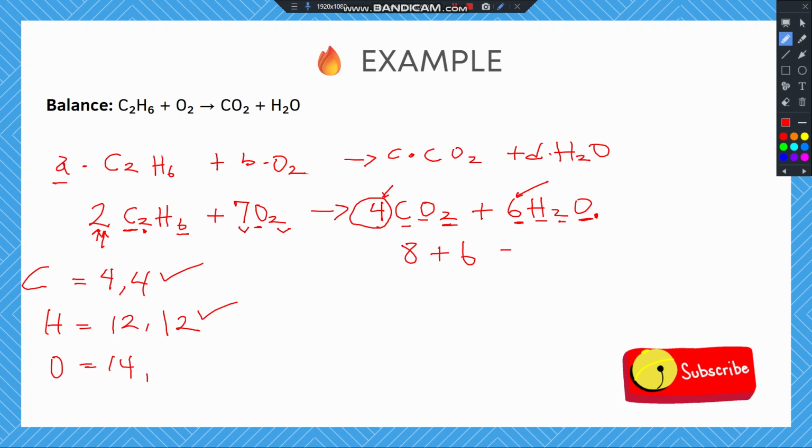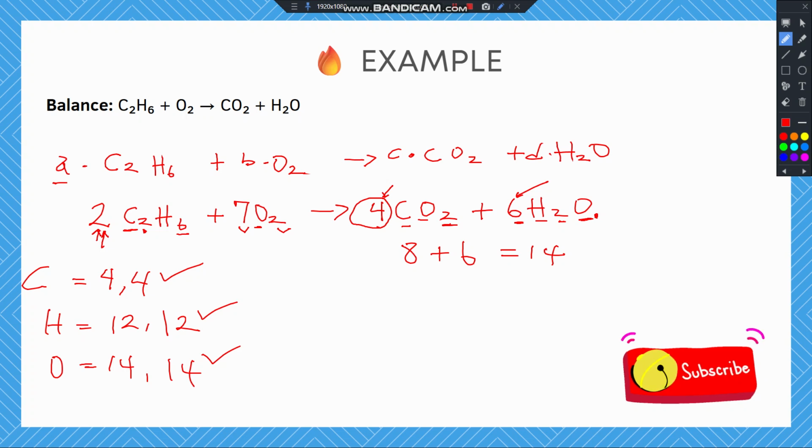So 8 plus 6 gives us 14 atoms of oxygen present on the right hand side. So we have 14 atoms of oxygen apiece, both on the left and on the right hand side. So our equation is fully balanced using the algebraic method.